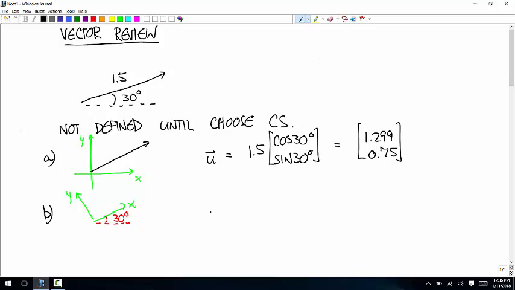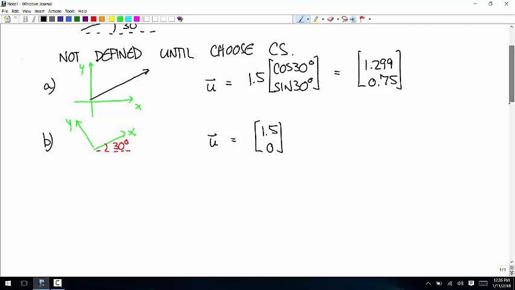And so in that case, the vector would just be equal to 1.5 in the x direction, and you wouldn't have to go in the y direction at all.